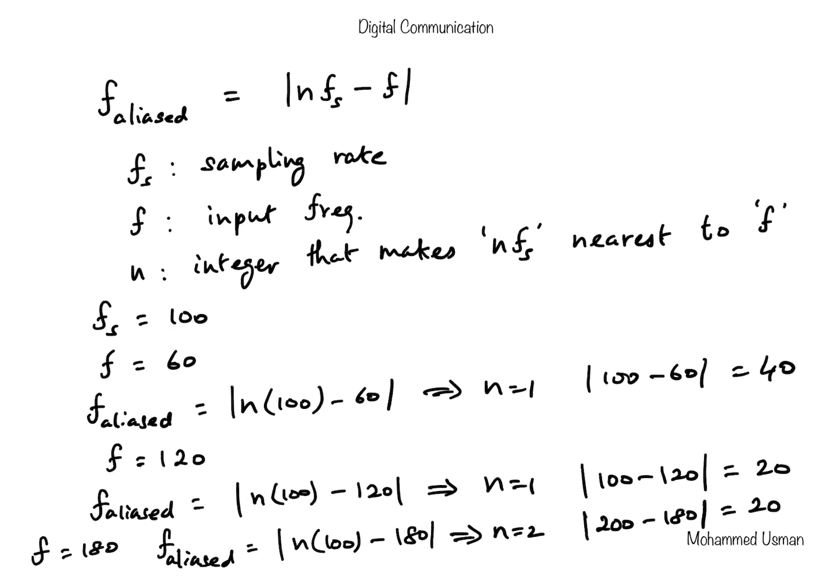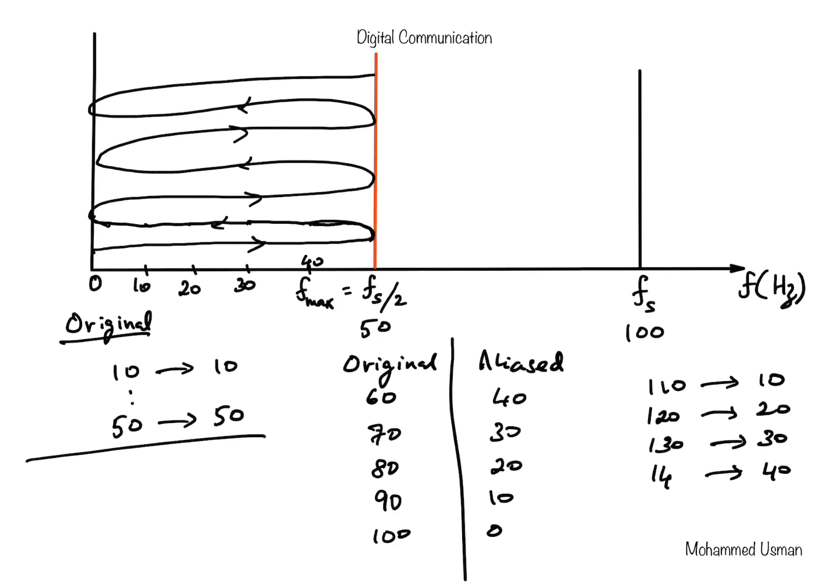Now the original 20 hertz signal, if we had an original signal whose value was 20, that would come back as 20, because for 20 hertz the Nyquist criteria is satisfied. So the 20 hertz had no issue, but the 80 hertz has become 20, the 120 has also become 20, the 180 has also become 20.